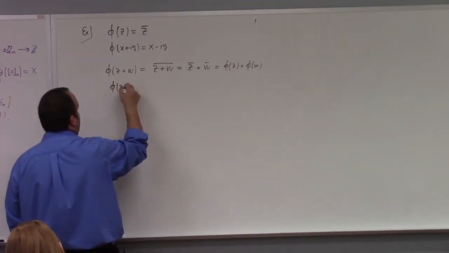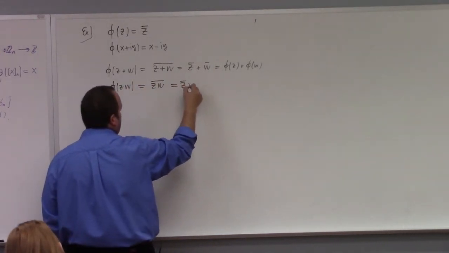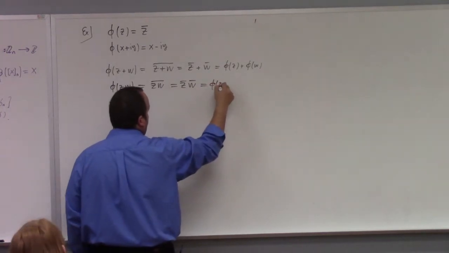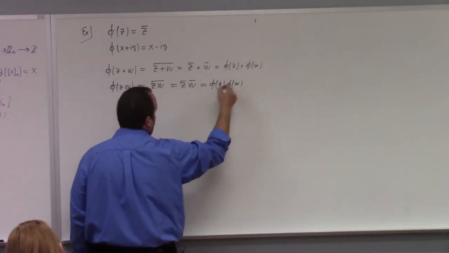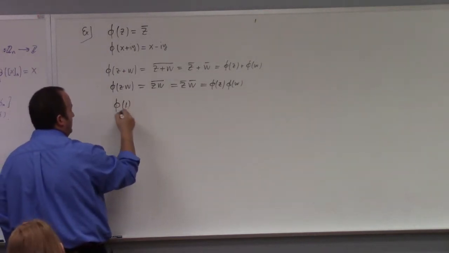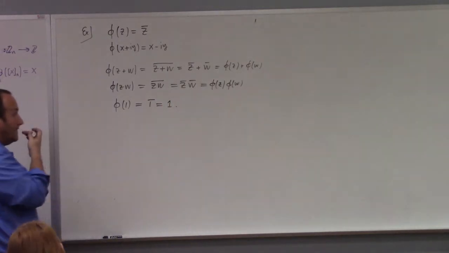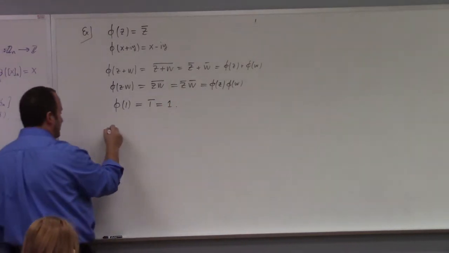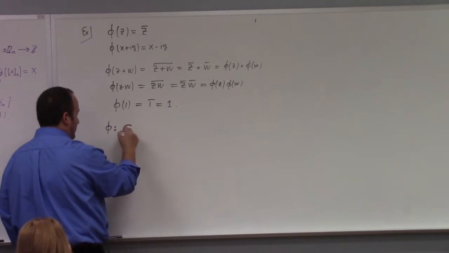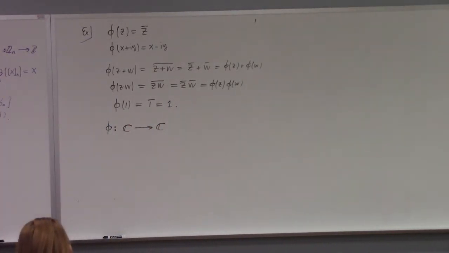You can prove the complex conjugate of a product is the product of the conjugates, right? And certainly, if we map 1, we get 1 conjugate, which is 1 again, right? So you can see that phi is a function from the complexes to the complexes, which serves as a ring homomorphism. In fact, it's its own inverse as well, right?